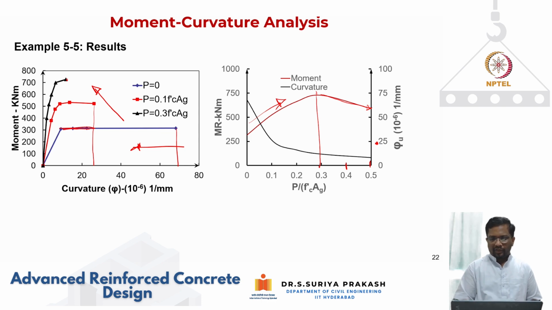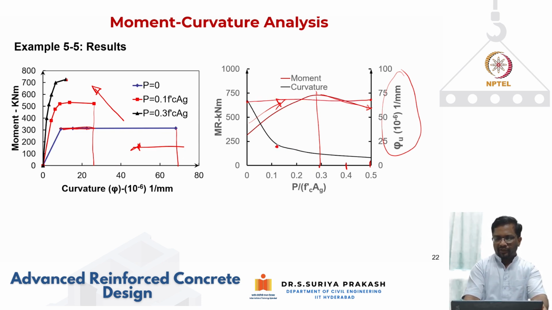Similarly, for the curvature, I am plotting it on the secondary axis. When you have low axial compression, the curvature is about 70. When P is equal to 0.1, you get a curvature of 26, right? Then similarly, at the next level, you get a value of about 11 or so. So that's what we're getting here.